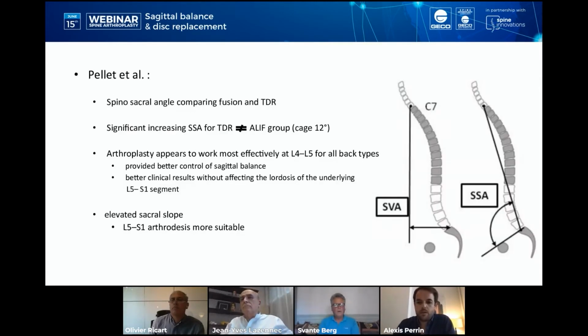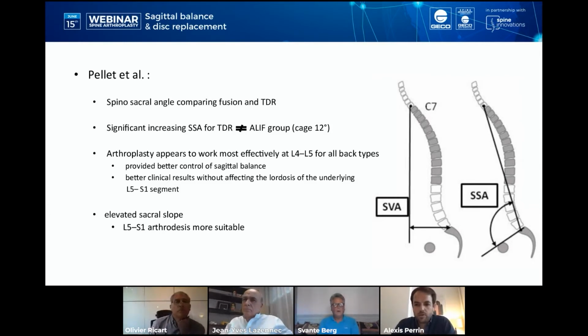Pellet and his colleagues studied the spinosacral angle that you can see on the figure to study sagittal balance. He compared it between fusion and TDR and found a significant increase for TDR contrary to the ALIF group, even if a lordotic cage of 12 degrees was used.